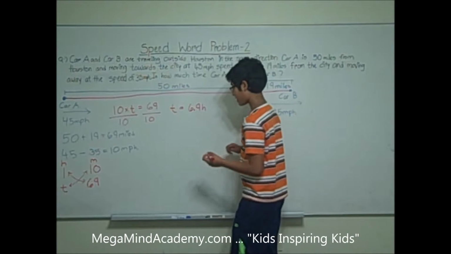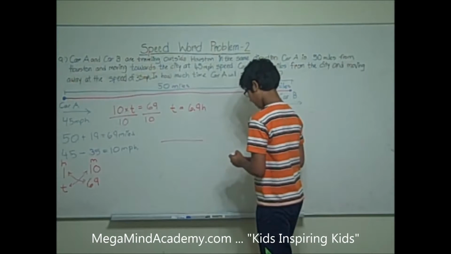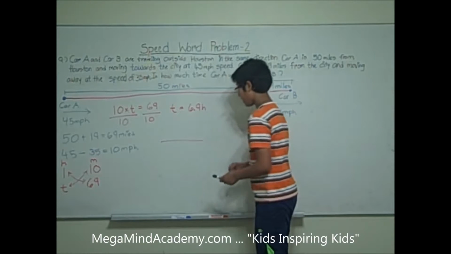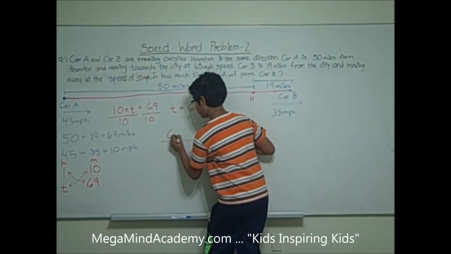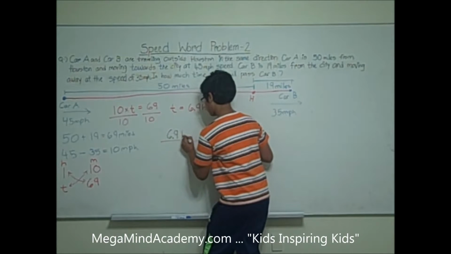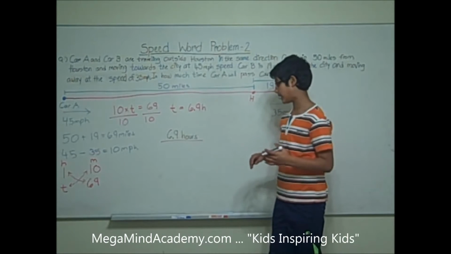So it takes car A, let's write this answer in the different column, 6.9 hours to pass car B.